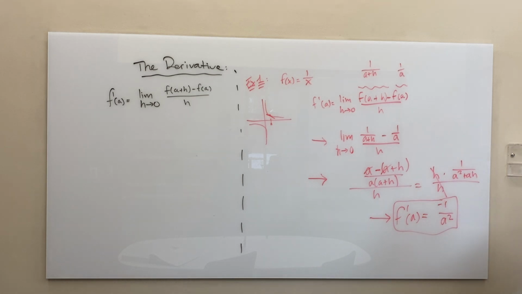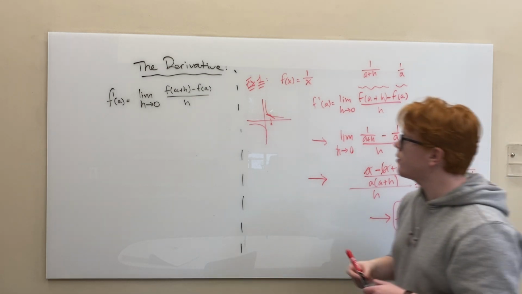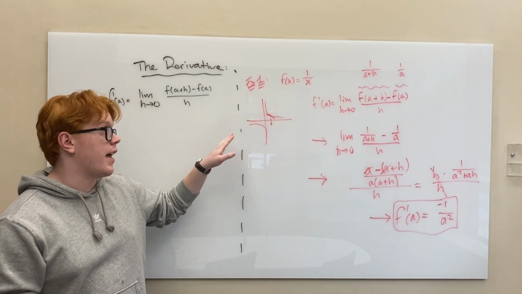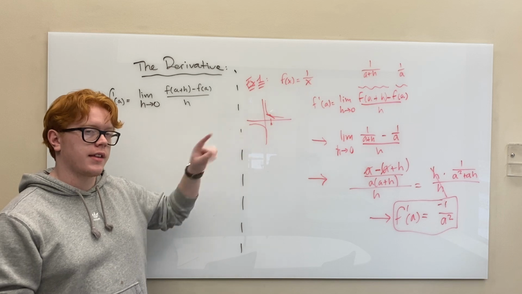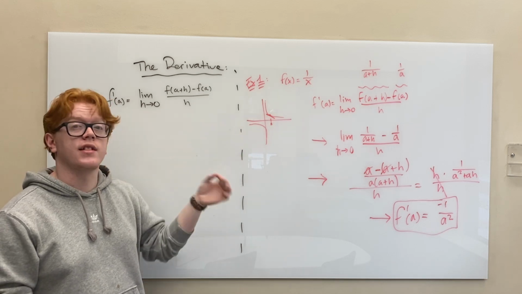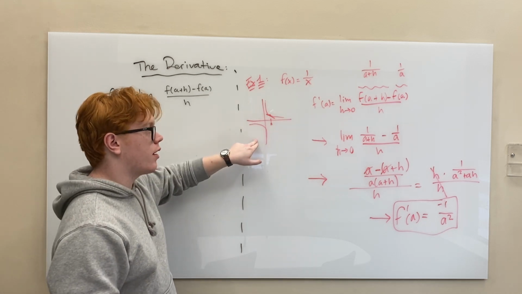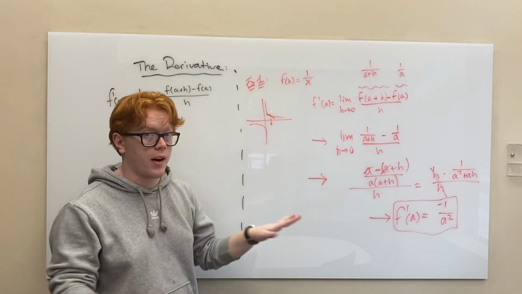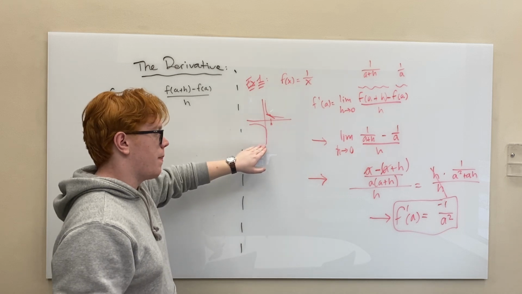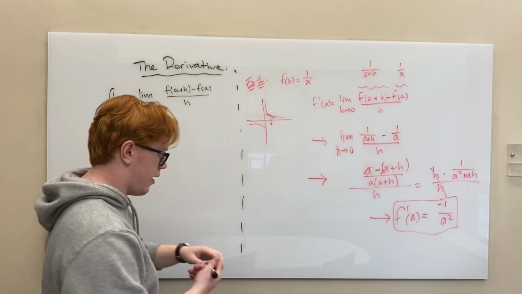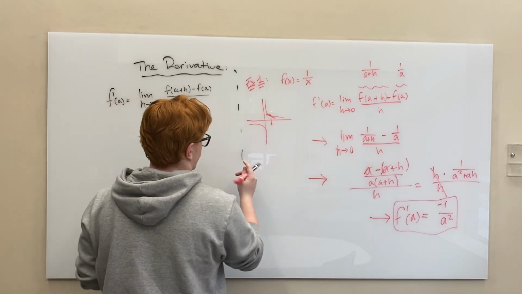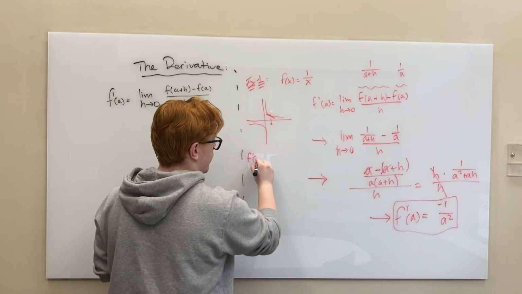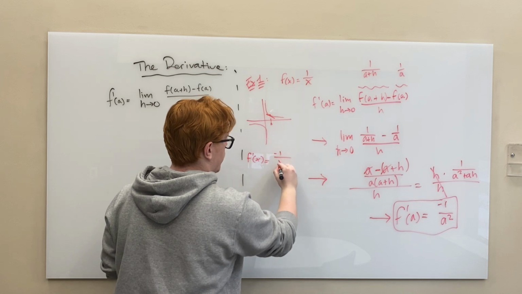So what we've just done is said, if I want to know the slope at any point, not the average slope but the instantaneous slope, at any point on this function other than x equals 0, because the function's not defined there, then f prime of x is equal to negative 1 over x squared.